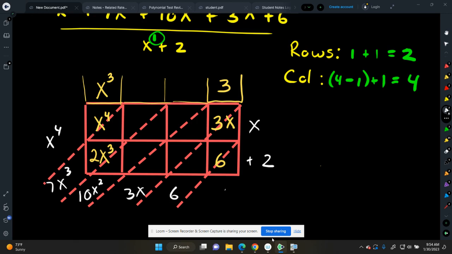How many more do I need? 5x to the third. So now I'm going to say, what do I multiply the x by to make it a 5x to the third? 5x squared, because 5x squared times x equals 5x to the third.